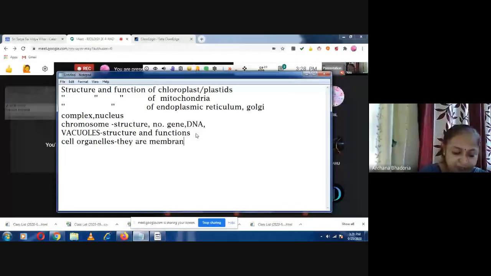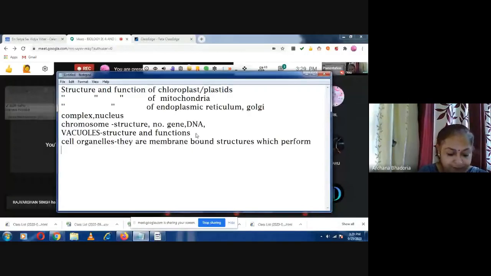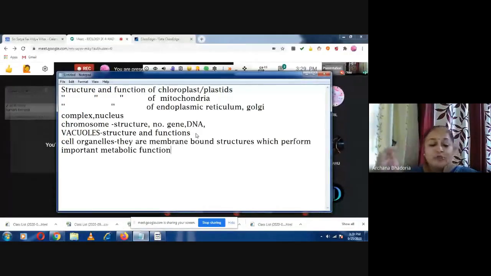They are membrane bound structures which perform important metabolic function.